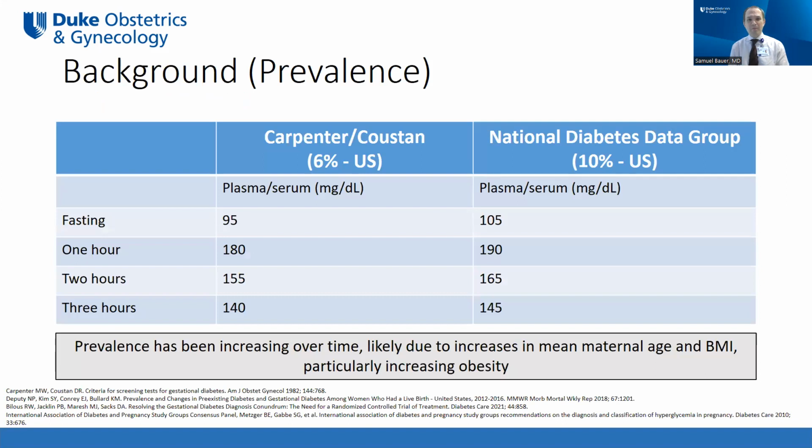Just as some background, if we think about prevalence of this condition, the traditional Carpenter-Coustan criteria are noted here, and that prevalence is around 6% or so in the United States, and a little higher when you use the National Diabetes Data Group data. This prevalence is continuing to increase year after year, mainly we think because of advanced maternal age, as well as BMI, as obesity continues to be prevalent in our populations.